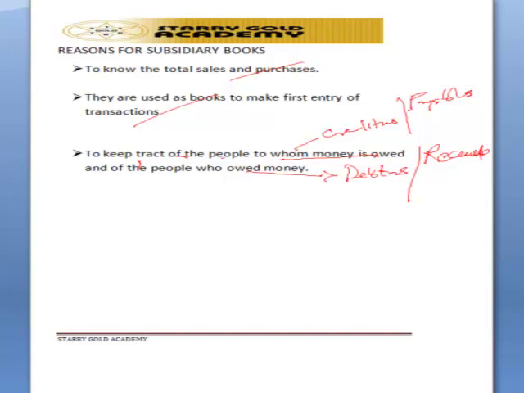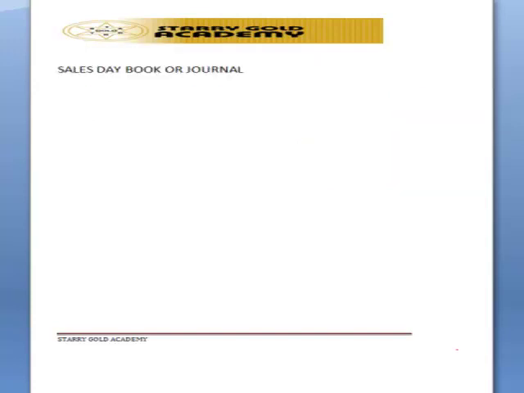So we shall take these subsidiary books of account one after the other. Let's consider the first subsidiary book of account, which is our sales day book or sales journal. It is used in recording goods sold on credit to customers.